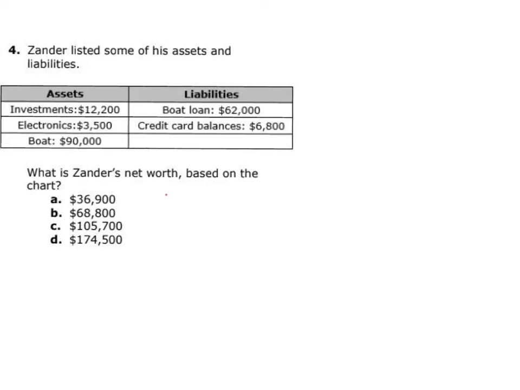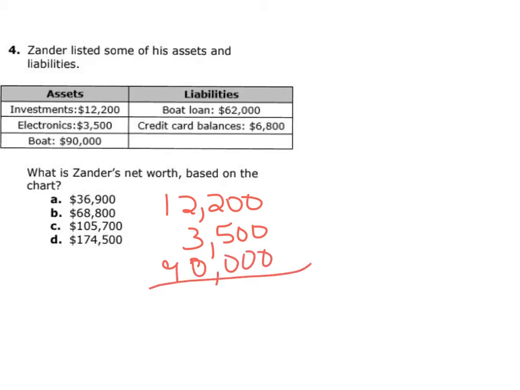I'm going to line them up because it's hard to add them when they're not in a straight line. We have to line up the place values in order to add them. So his assets are 105,700.